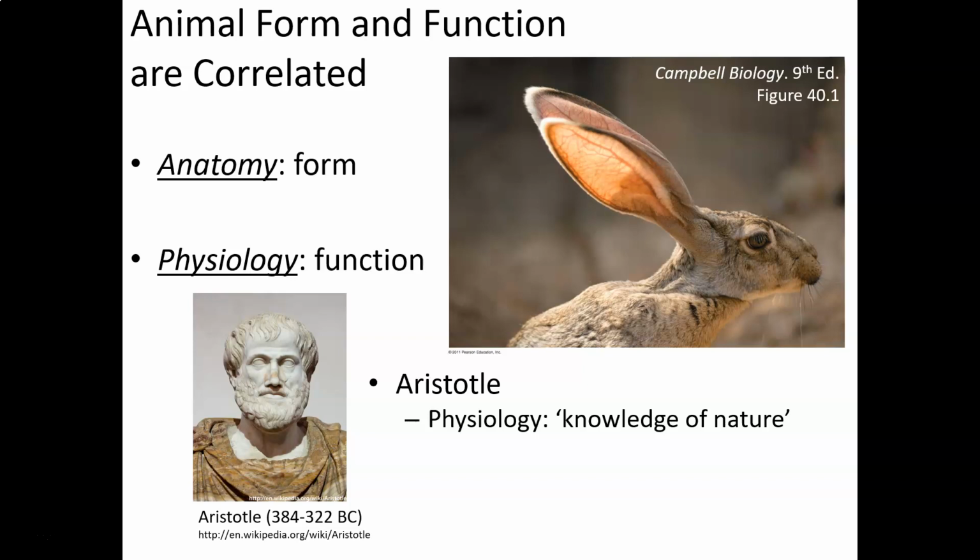For physiology, we're talking about the functioning of some living organism, right? And usually an animal. We might apply that to biology nowadays and studying knowledge of nature. But the earliest definition of physiology that we can find was Aristotle's definition, the knowledge of nature.